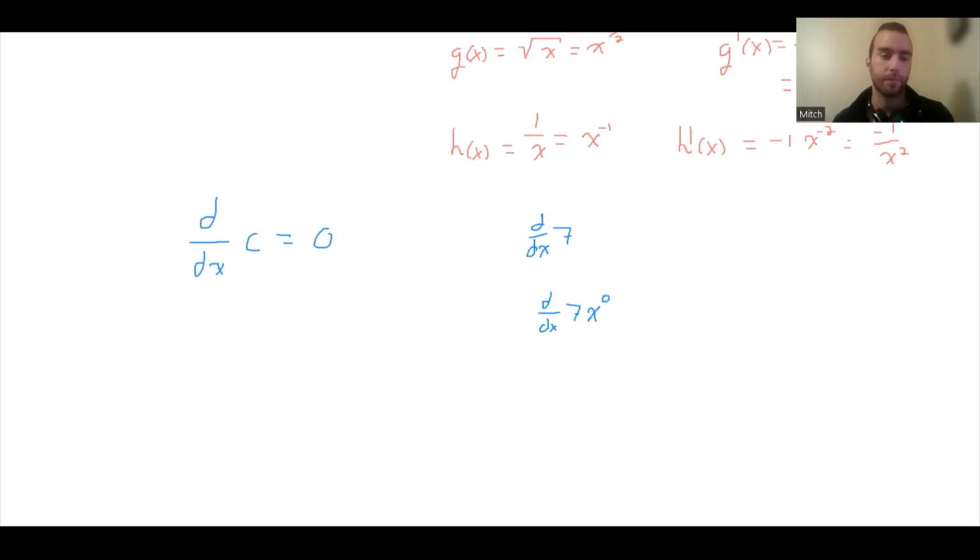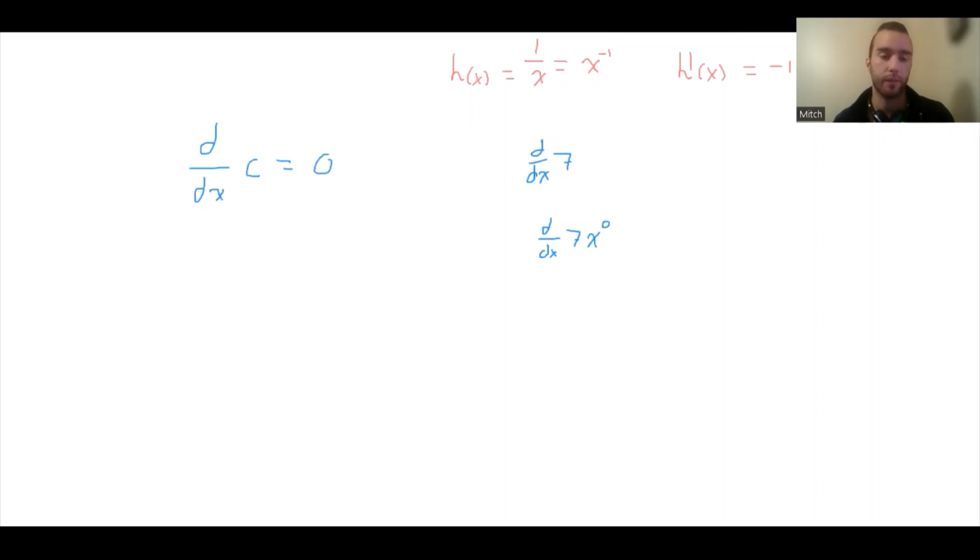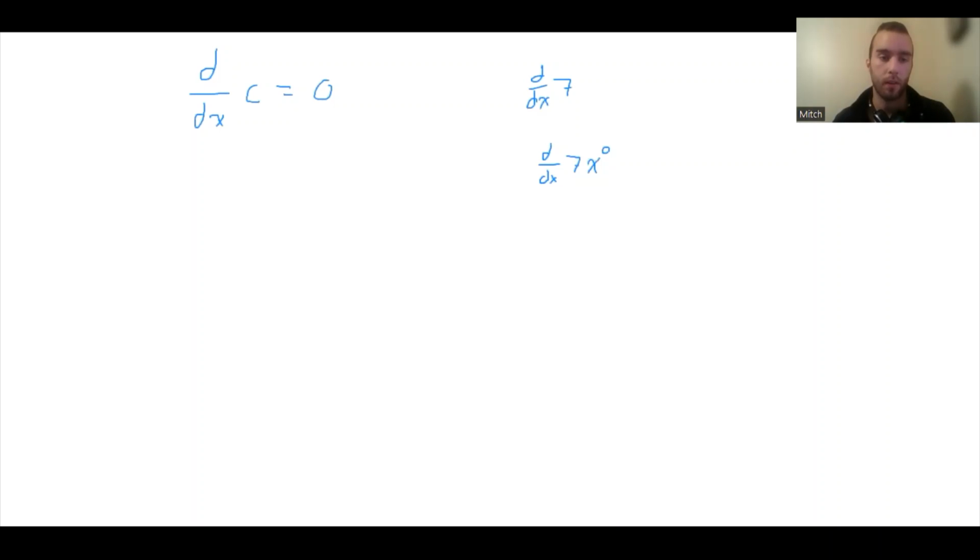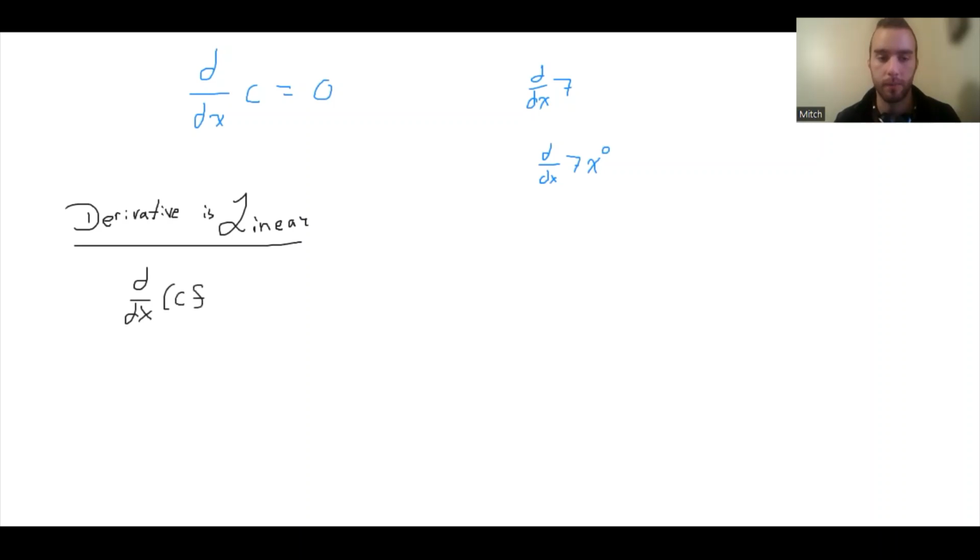That's because the derivative is a linear function. All that means here is that if we have the derivative of some constant times a function of x, then the derivative just moves right through that constant. We're just going to have that constant times the derivative of that function.